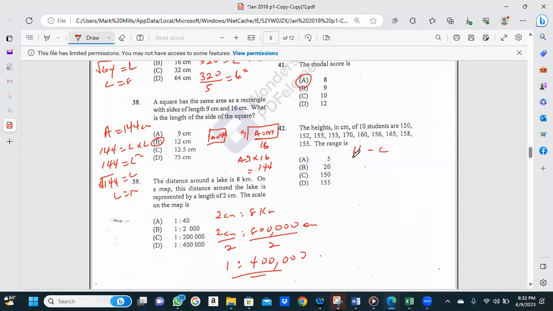My highest number here would have been 170. My lowest number, 150. You agree with me, guys? So the highest number is 170 and the lowest is 150. We subtract, we get 20.